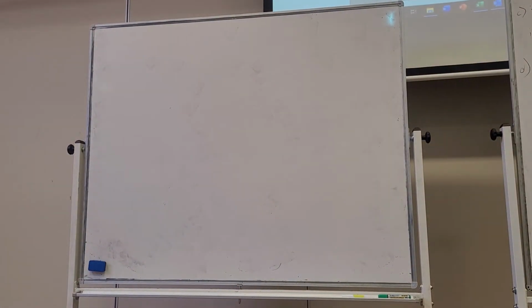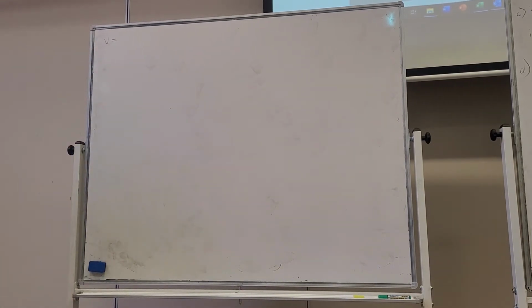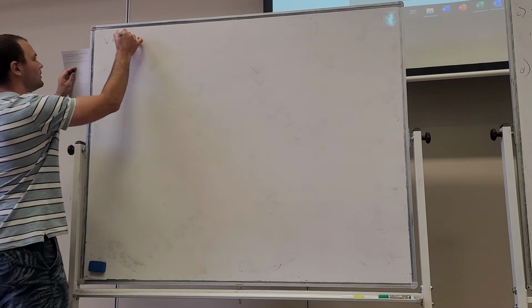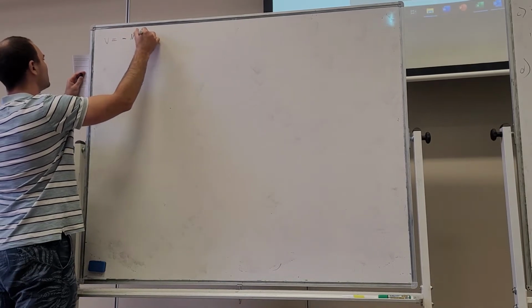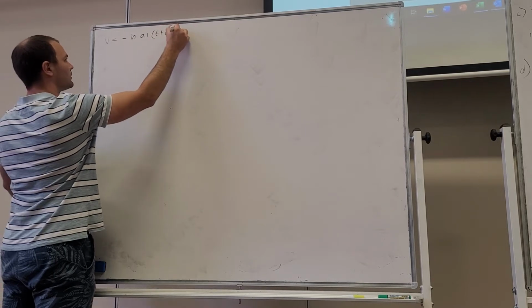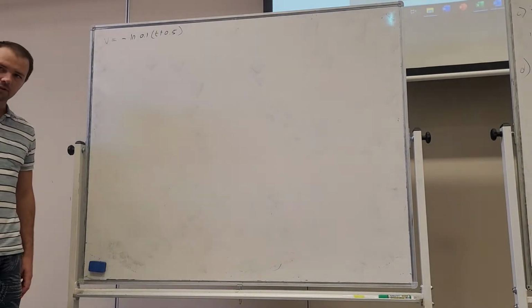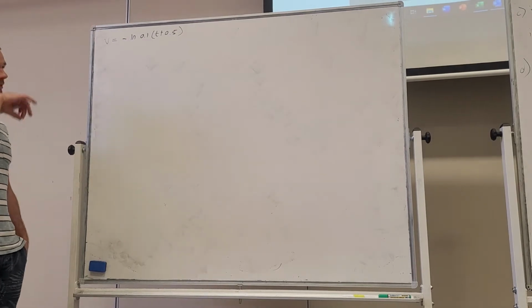So we've got the volume of water in a tank. Now, if you were to put this in your calculator as it is, it's probably not going to graph it the way the question is asking.